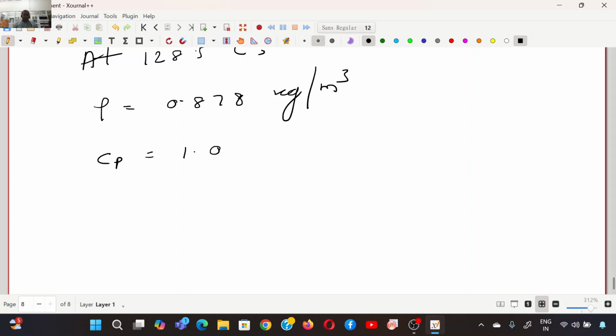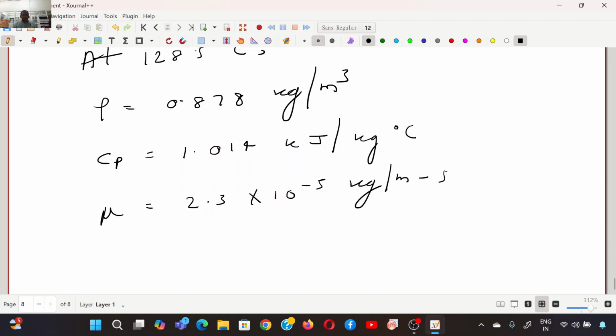Cp is equal to 1.014 kilojoule per kg degree Celsius. mu will be 2.3 into 10 to the power minus 5 kg per meter second. k is 0.0338.